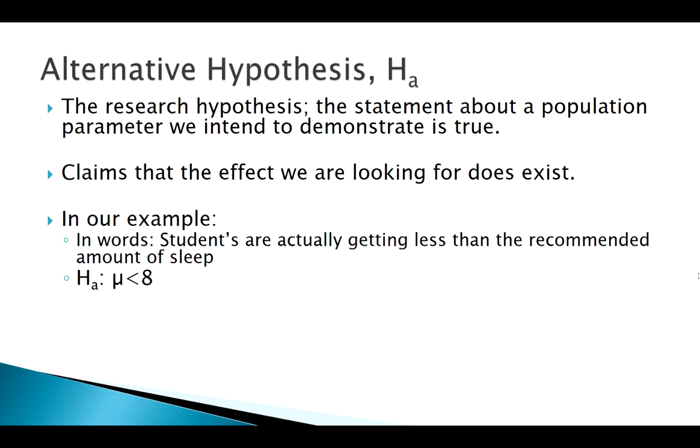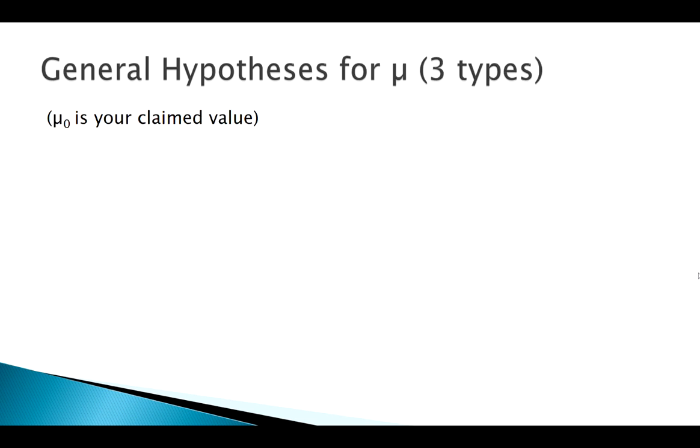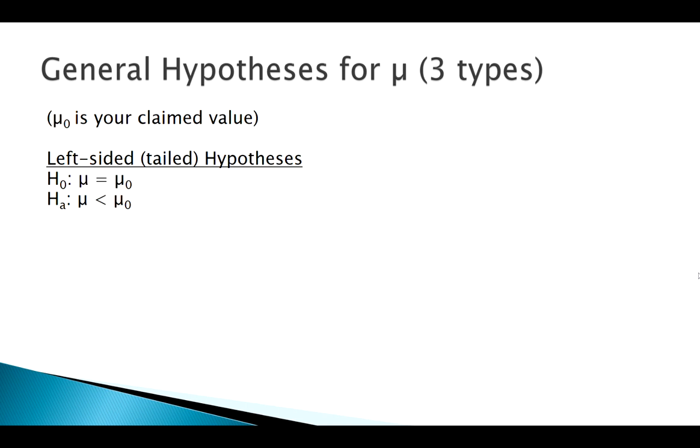So we would state less sleep in our alternative hypothesis like this: mu less than 8. Makes sense, less sleep, less than 8. In our example, we had what we would call a left-tailed test, where our null was that mu is equal to some claimed value, and our alternative was that mu is actually less than some value.